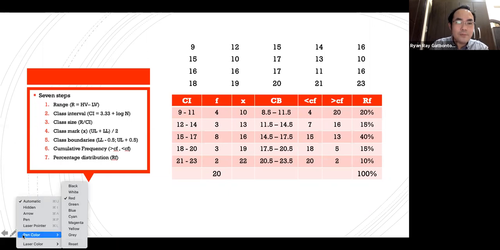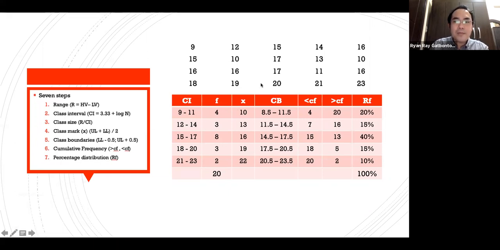Sorry for that one. This is 21 and 23. So that's why this is 2. Now, if we add them all up, this becomes your summation of F, which gives us 20.